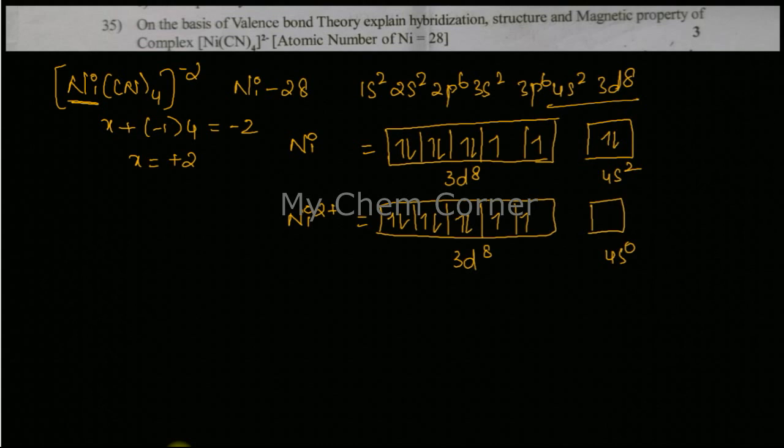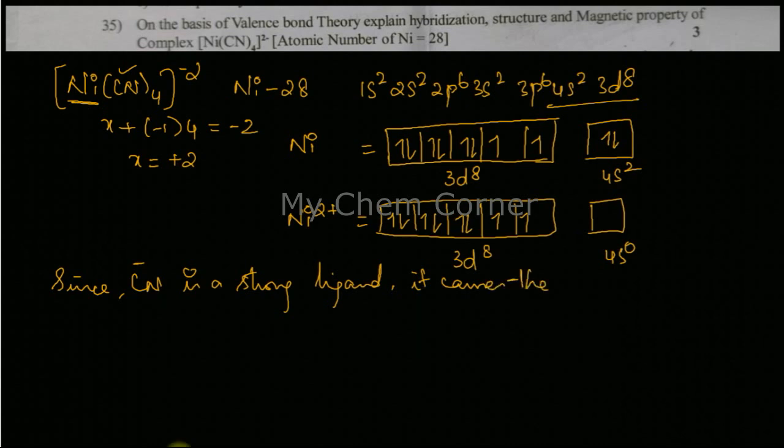So now that I know the oxidation state of Ni and I've arranged the electrons accordingly, I need to check the effect of the ligand on the metal. So you should write here, since CN- is a strong ligand, it causes the pairing of electrons.